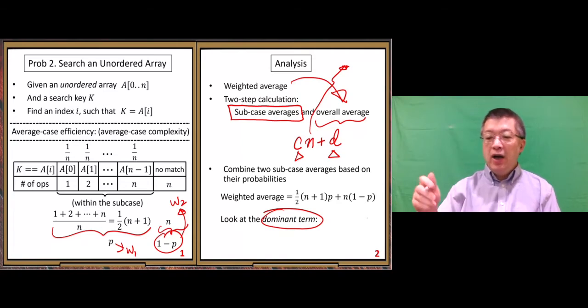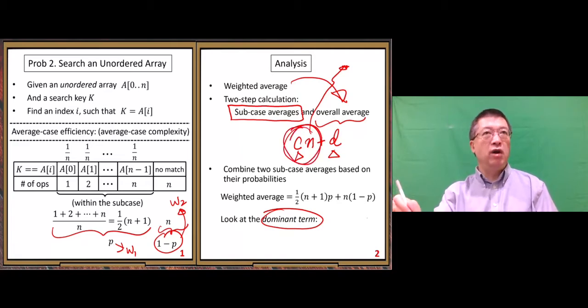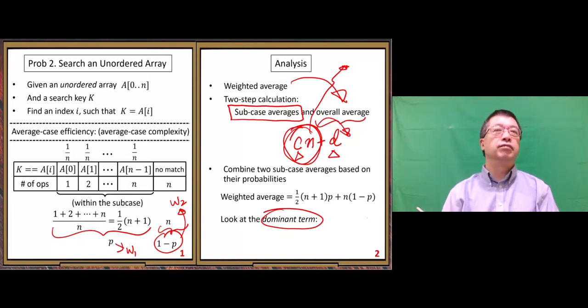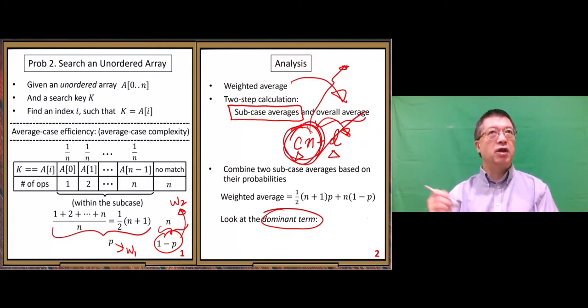So this n term is the dominant term. We drop the D part. This is our dominant term. That's the concept.